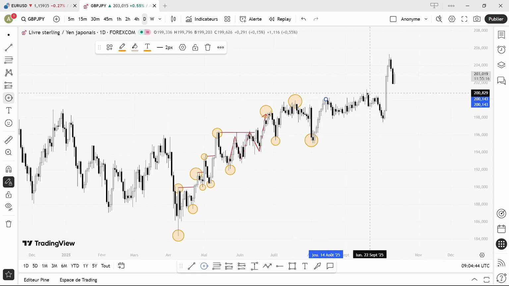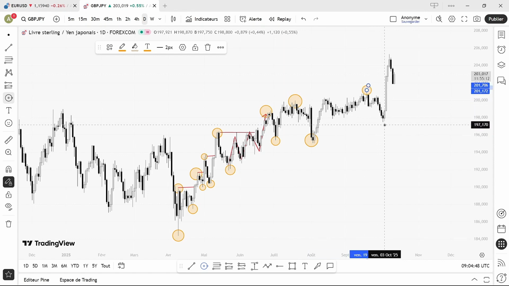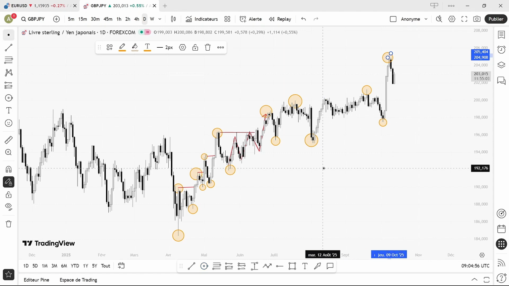Price doesn't break up to here, so this is the higher high. It puts in another higher low, and here we are having a higher high. As simple as that. So we need to pay attention to the higher time frame in order for us to identify that major structure.